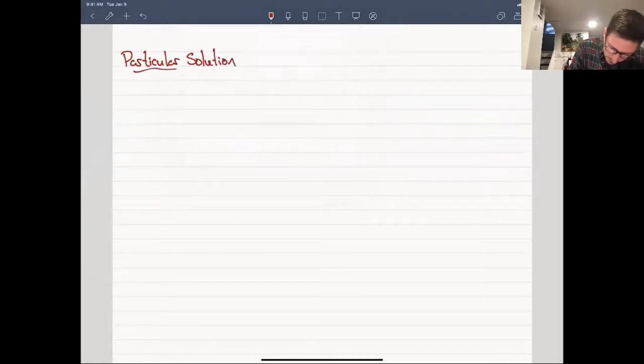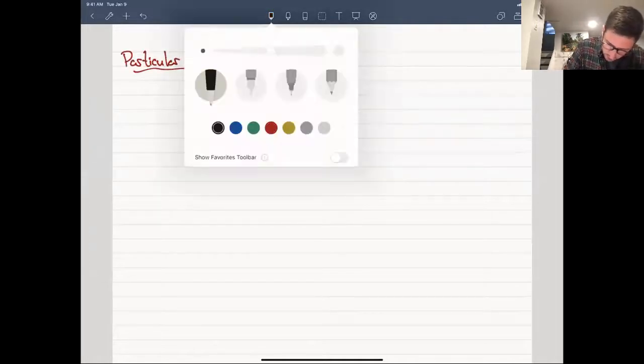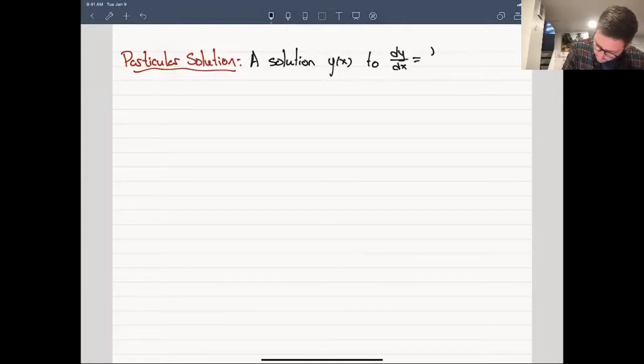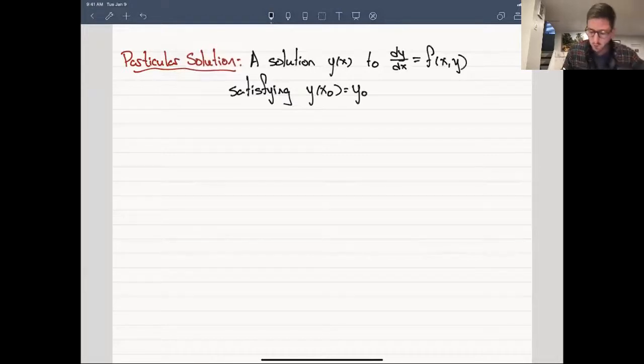And a particular solution is a solution y of x to the differential equation satisfying y of x naught is equal to y naught for some x naught and y naught.